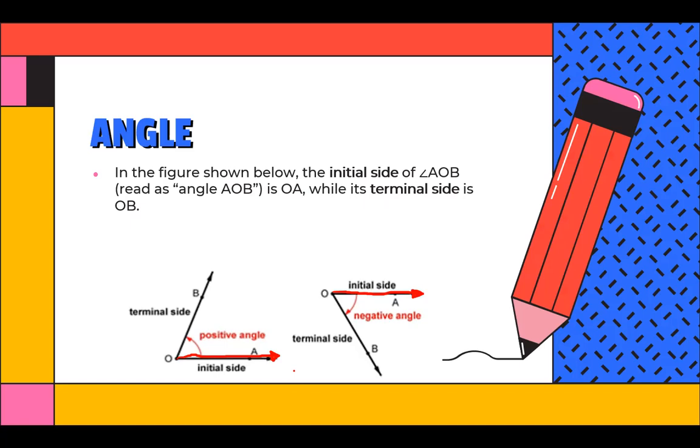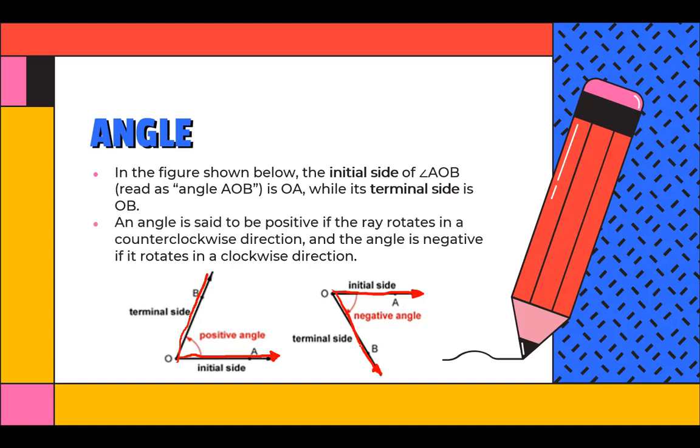Next, its terminal side is side OB, this side. And if we define what a terminal is, literally a terminal means it's movable, right? So the movable side of the angle is what we call the terminal side. For this case, we have side OB as our terminal side.